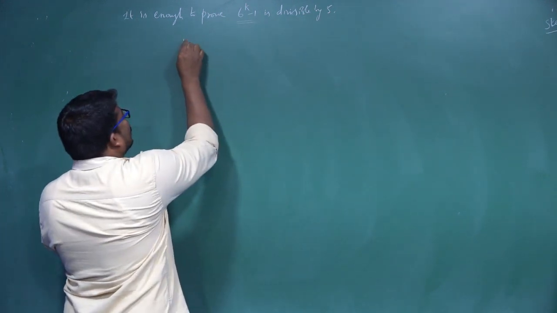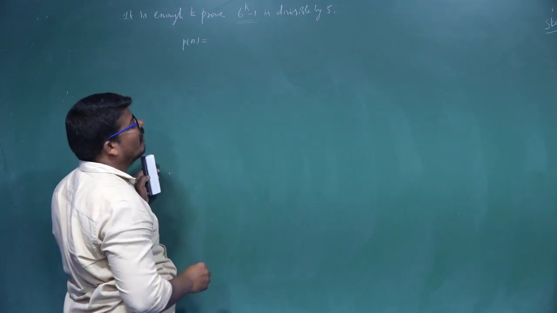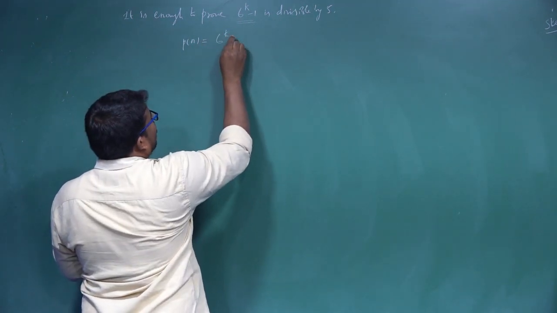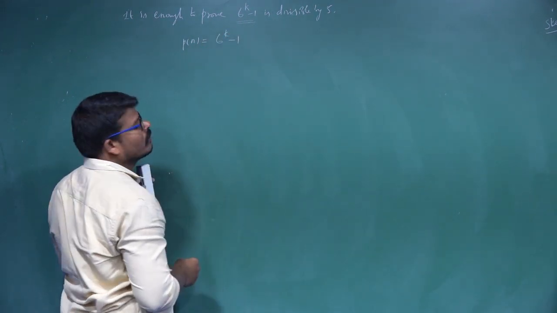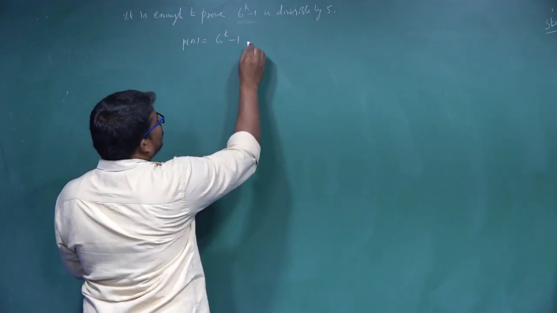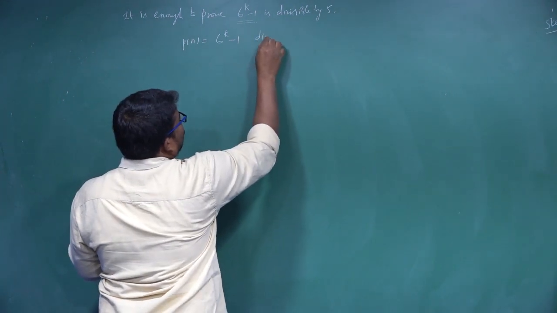Now write the statement P of n: 6 power n minus 1 is divisible by 5.